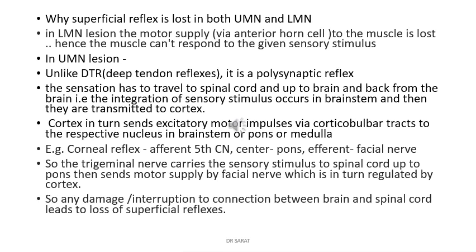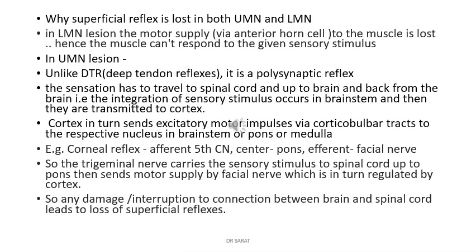The integration of these sensory stimuli occurs in the brainstem and then they are transmitted to the cortex. The cortex in turn sends excitatory motor impulses down via the corticobulbar tracts to the respective nuclei in the brainstem, pons or medulla, and the effect is achieved.